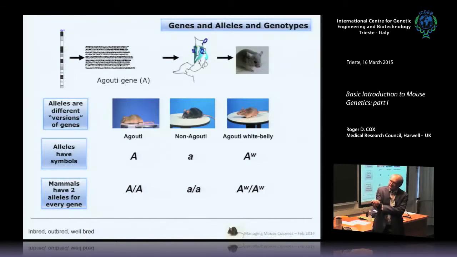And obviously the mouse, or all mammals, have 2 alleles for every gene, so you write a genotype like this. So the agouti mice are AA, and these black mice are small a over small a.